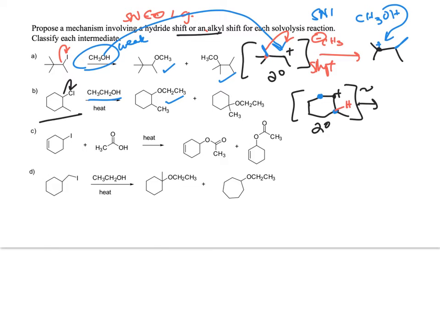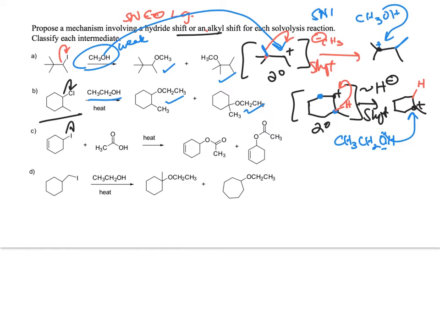If it changes places and you do a hydride shift, so the hydride takes its 2 electrons and goes over to that carbon, you switch places. So the hydrogen now is here, and the carbocation now is there. Now if your nucleophile, which is ethanol and it's weak, comes in, you get this product here.